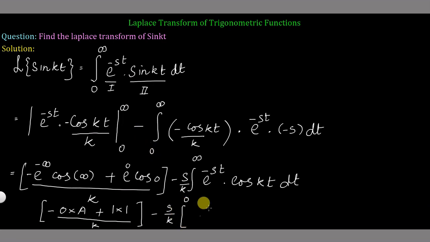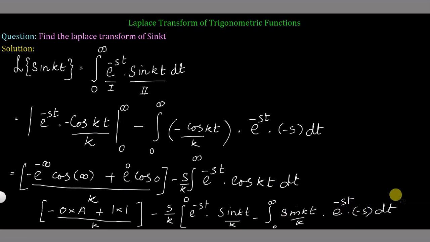So the first function as it is, integration of the second, and the same answer will be over here, and the derivative of the first function will be e raised to the power minus st times minus s into dt, and the bracket will be closed.